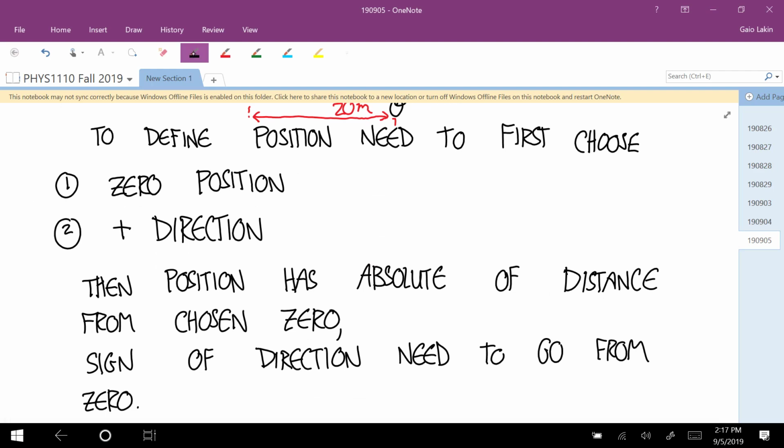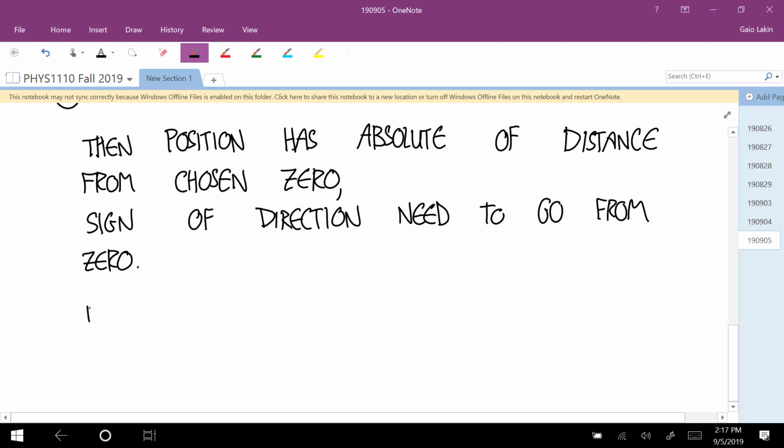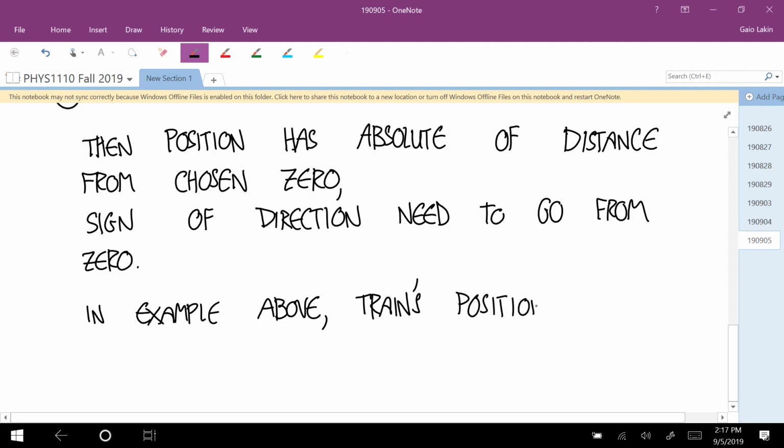So in the example above, the train's position, and we're going to represent position with a lowercase p, is equal to negative 20 meters.